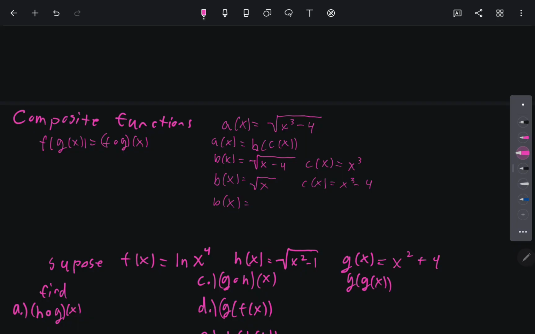I think this is going to be some of the easier ways to break this down. But there is one more way that I'm going to suppose. b of x could be the fourth root of x, and c of x could be equal to x cubed minus 4, squared. There are 1,000 different ways that you could break this down.